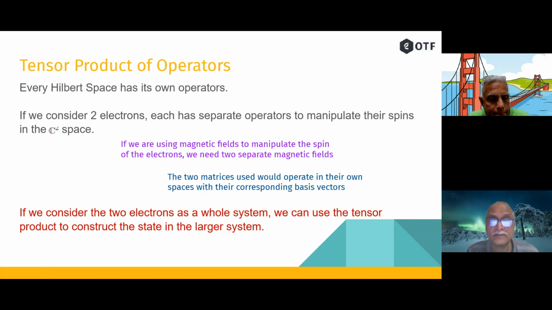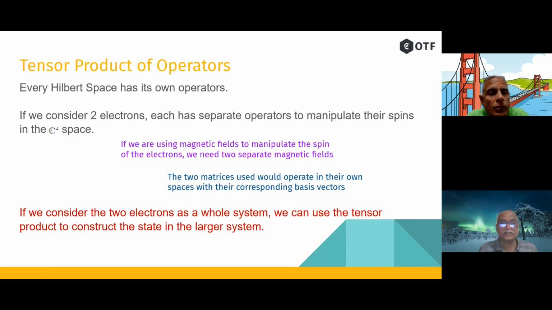What does this also mean? I require two matrices, and each of these matrices will denote an operation, operating in their own space. The moment I talk about two matrices defining two operators, they will be working in those corresponding spaces, which also means both will have their own basis vectors. Remember, every space will have its own basis vectors.